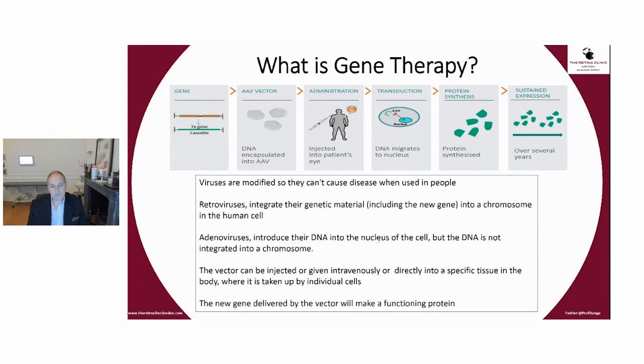Viruses are modified so that they can't cause disease when used in people. Adenoviruses are more commonly used, and the vector can be injected or given intravenously or directly into a specific tissue in the body, for example, directly into the eye.